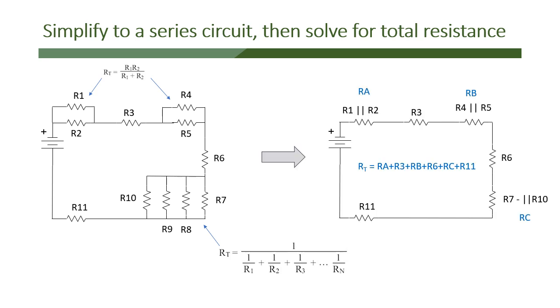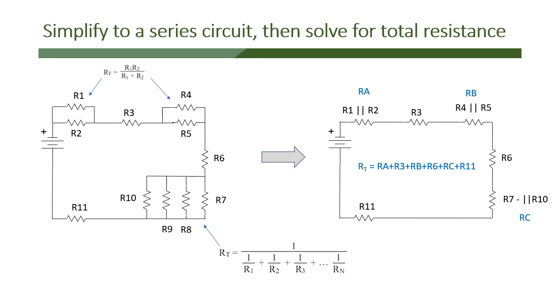Once we've evaluated those resistance networks, we can then replace them with one new resistor. So RT from the formula on the left becomes the value of the resistor from calculating the network R1, R2. We'll call that RA. Then we'll calculate the equivalent value for R4 and R5, and that becomes RB.